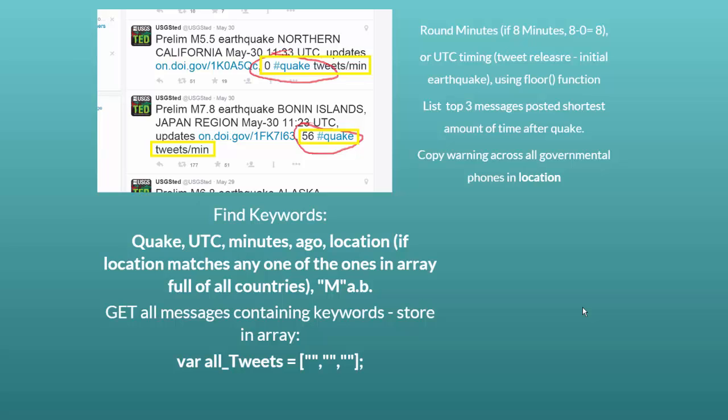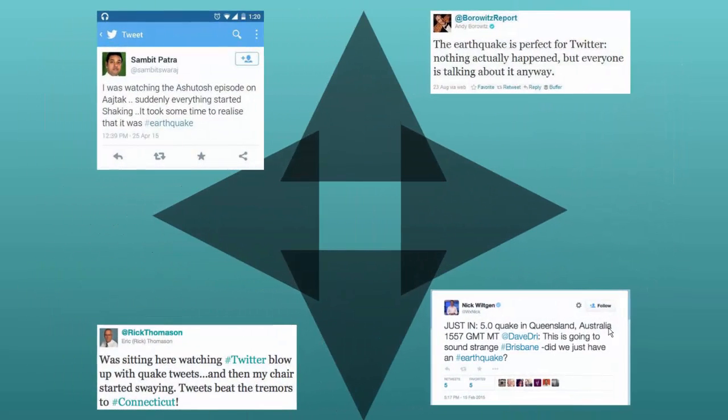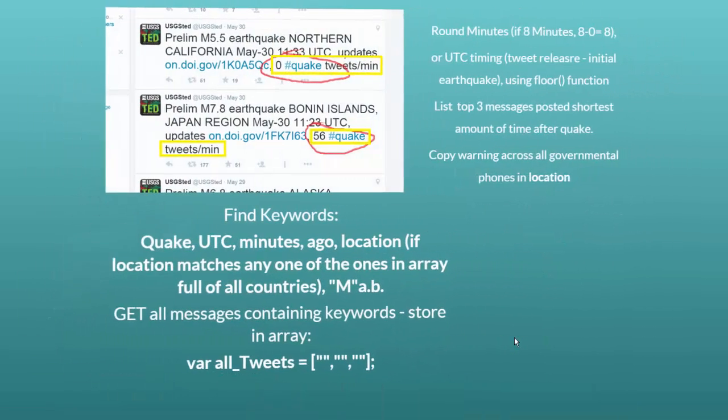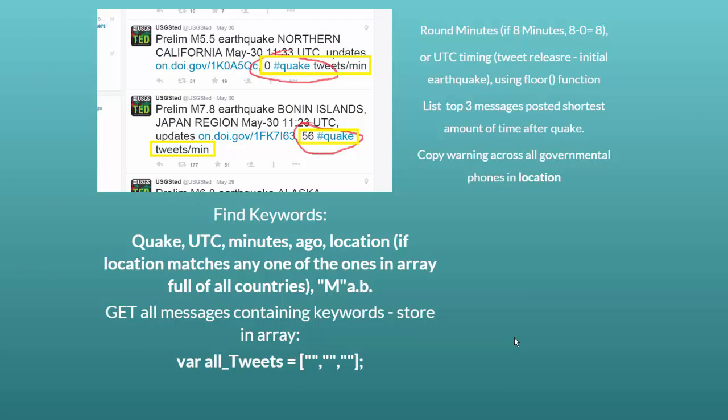For example, if the tweet says "Did we just have an earthquake?", it'll measure that time minus the time the tweet was posted, and it'll find the number of minutes since the tweet was posted after the earthquake.